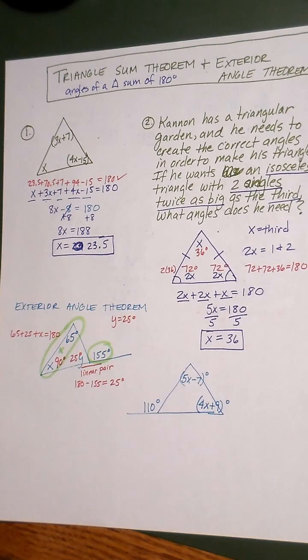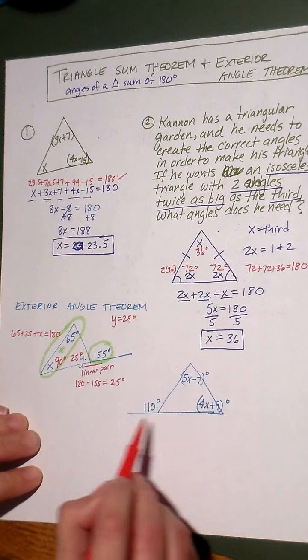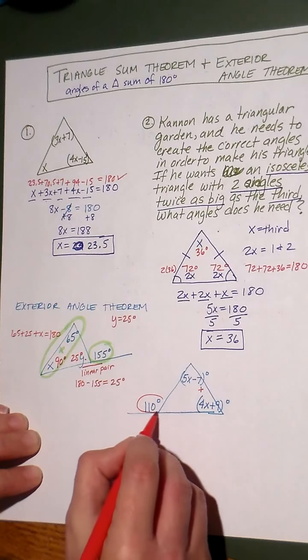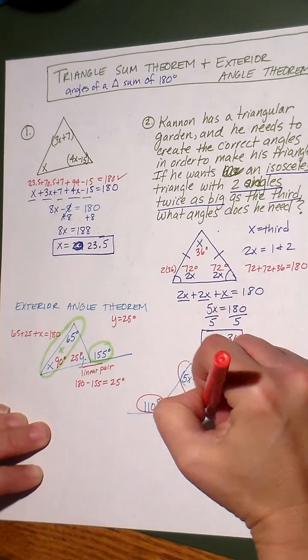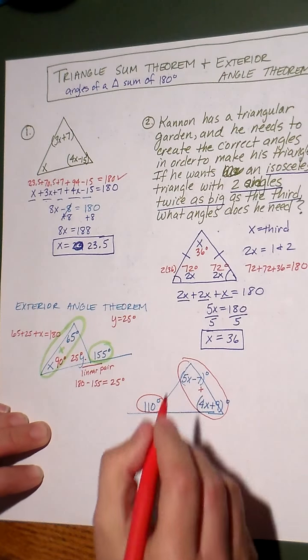And we want to find x. Well, most people would look at this and go, oh my gosh, I don't know what to do. You can either do what we did here first. You can find this angle using linear pair. Or you can jump right to the remote interior, which says that this angle is going to equal these two added together.